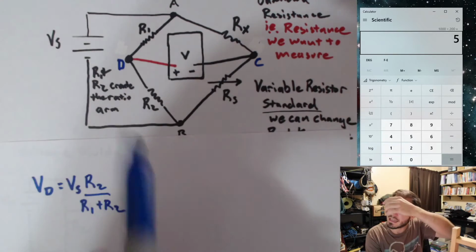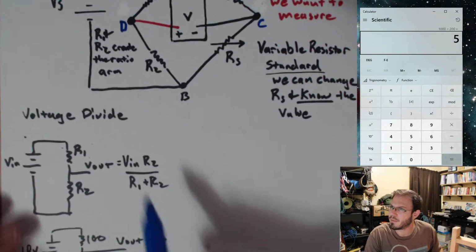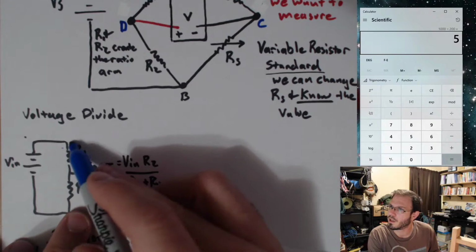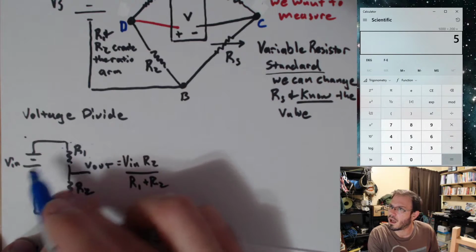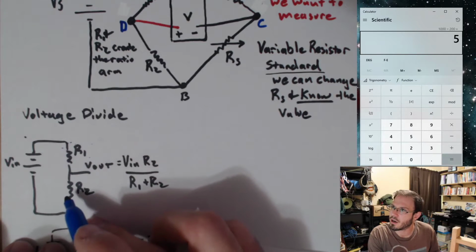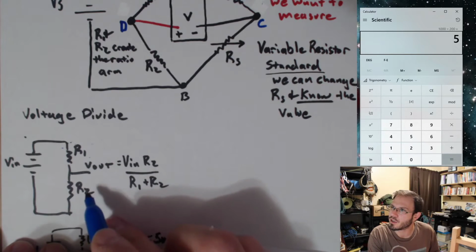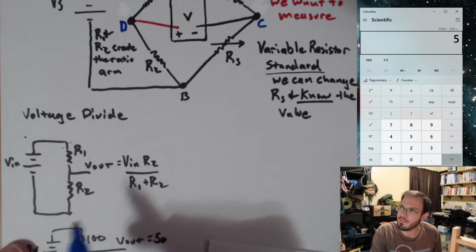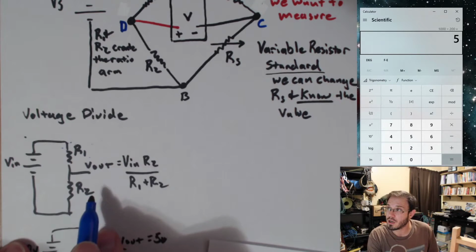Okay, so that easy. And if you're curious about this equation, you can just solve this using your basic rules. The current flowing through all of these is V in divided by R1 plus R2. Take that current, multiply it by R2, and you get this equation. So this is a very simple yet very powerful circuit.